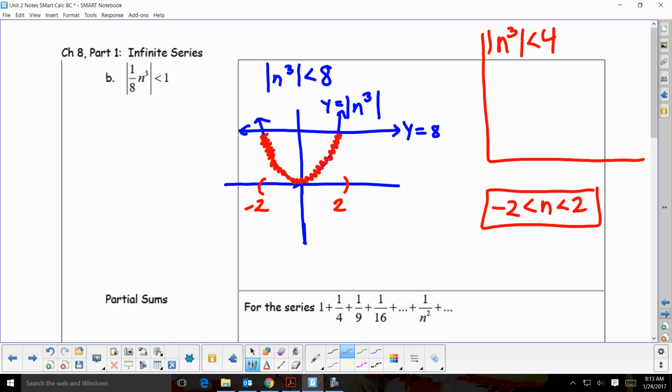It doesn't give you an integer number. This one. Good? Okay.